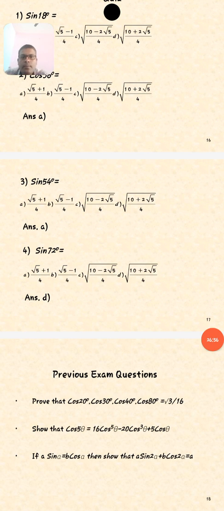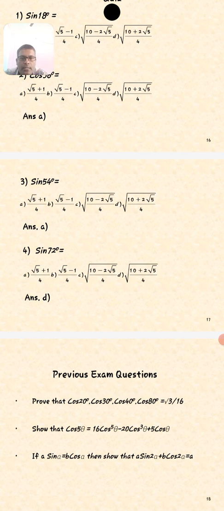Now we see the previous examination questions. First question, prove that cos 20 degrees · cos 30 degrees · cos 40 degrees · cos 80 degrees is equal to root 3 by 16.